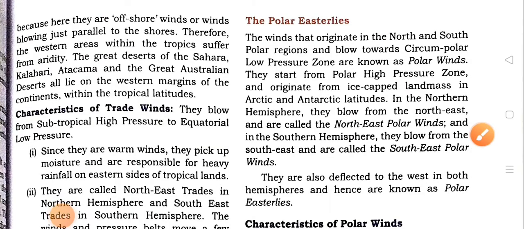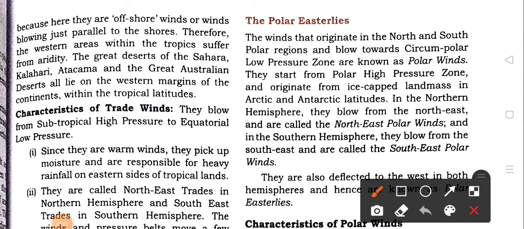In the northern hemisphere, they blow from the northeast. That means if we draw the northern hemisphere, suppose this is the northern hemisphere, then it blows from the northeastern side. If we invert this, then the direction changes to this.